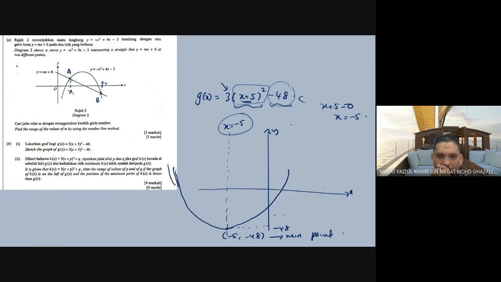Might be something like this, or the graph might be somewhere around here. I don't know. Let me test the graph and show the concept to you.